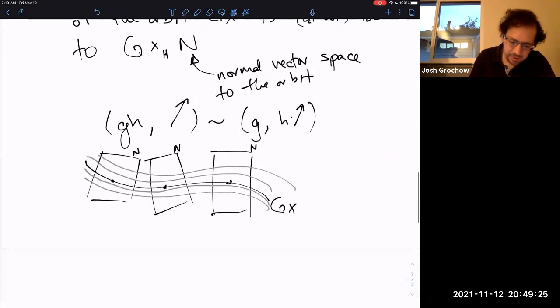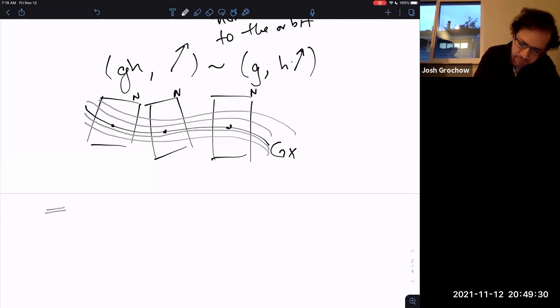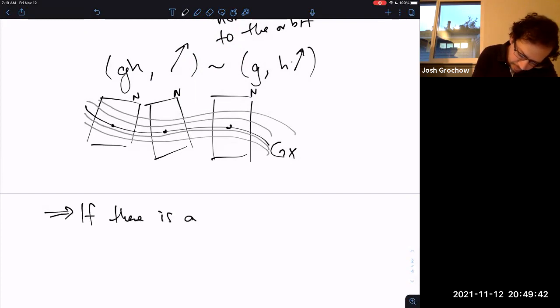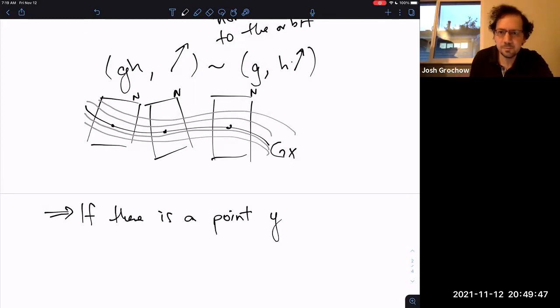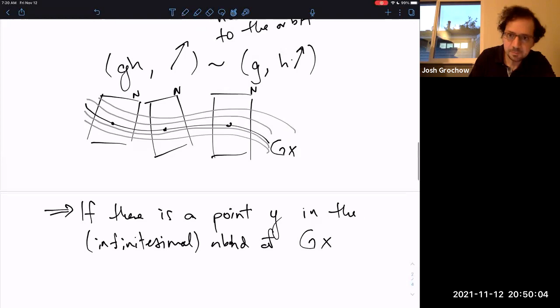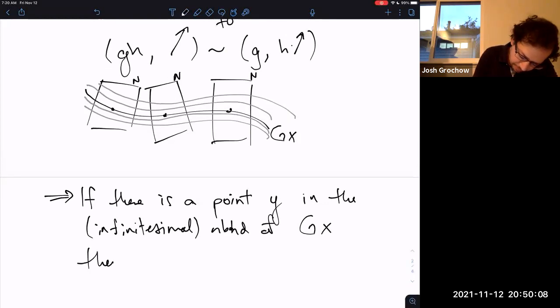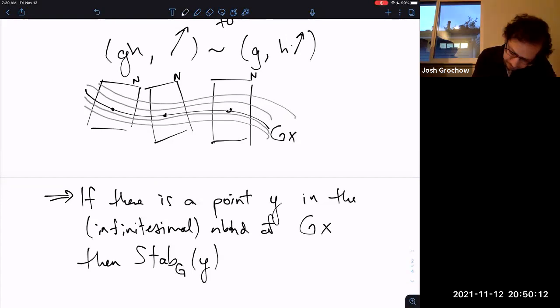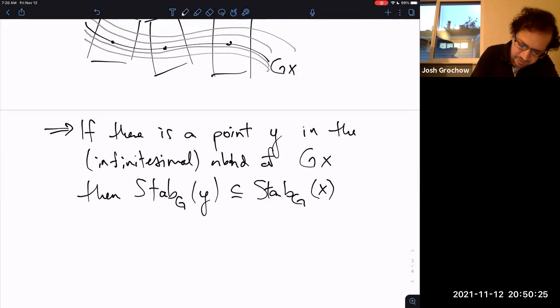Okay. One thing that this implies, and this is going to be key for our story, is that if there is a point y in the infinitesimal neighborhood of Gx, then the stabilizer of y is essentially contained in the stabilizer of x, where really there's some conjugate of this that's in the stabilizer of x.